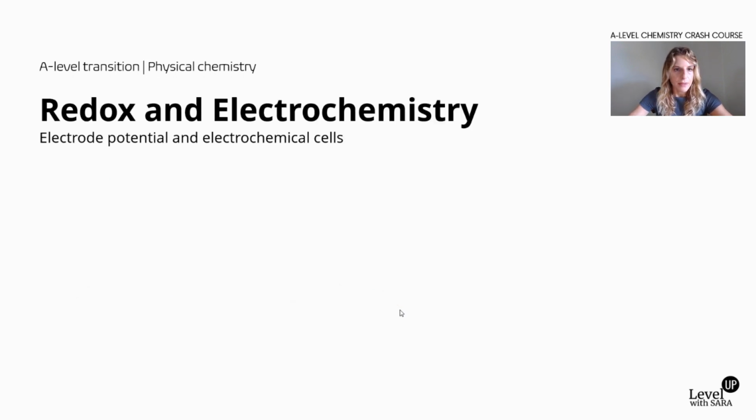And then lastly, we have redox and electrochemistry. So again, new calculations will come, which you will come across. But I would suggest you to revise ionic equations for this. Do you remember how to write ionic equations? And you can link this ionic equation to the basics of the redox that you've studied before. So what I mean is the basics of half equations.